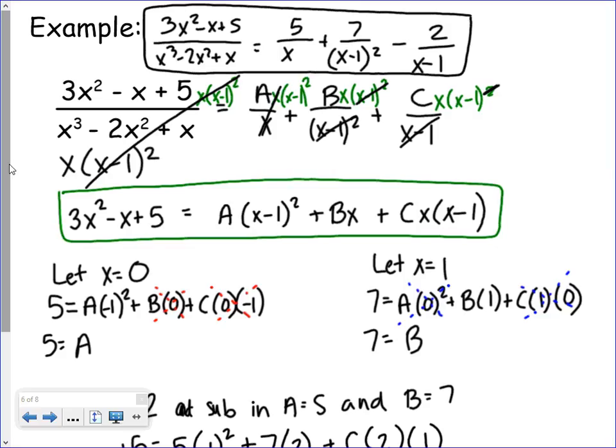Now I put minus 2 over x minus 1. You can do plus negative 2 over x minus 1. Same thing. Okay? Any questions there?